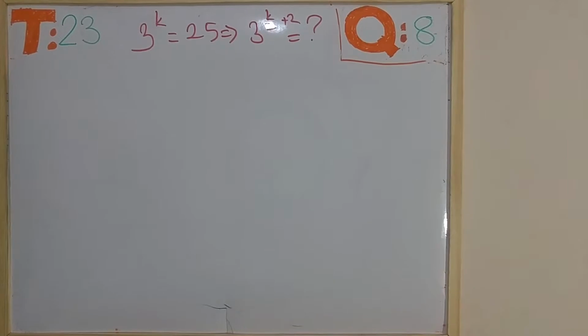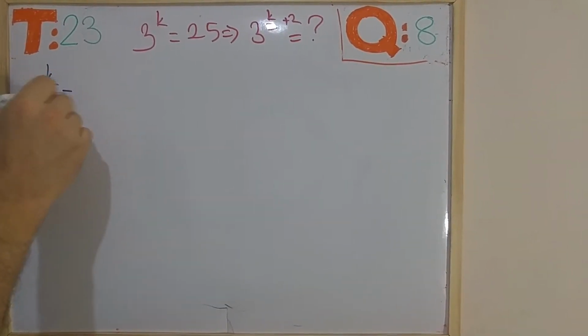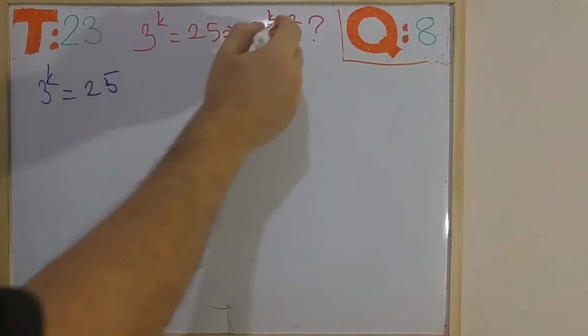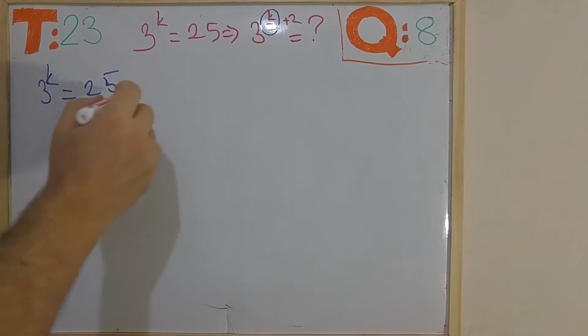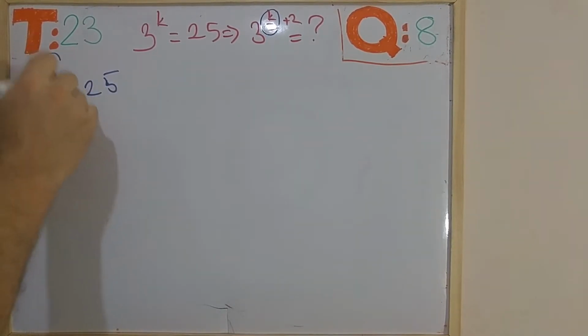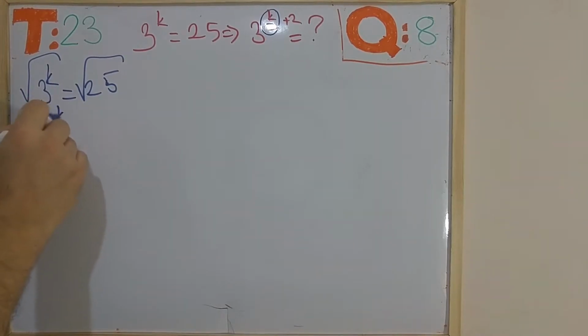We have another tricky question here. Since I know that 3 to the k is equal to 25, and what I actually need is 3 to the k over 2, then I have to take the square root of this. So I'm going to have 3 to the k over 2 is equal to the square root of 25, which is equal to 5.